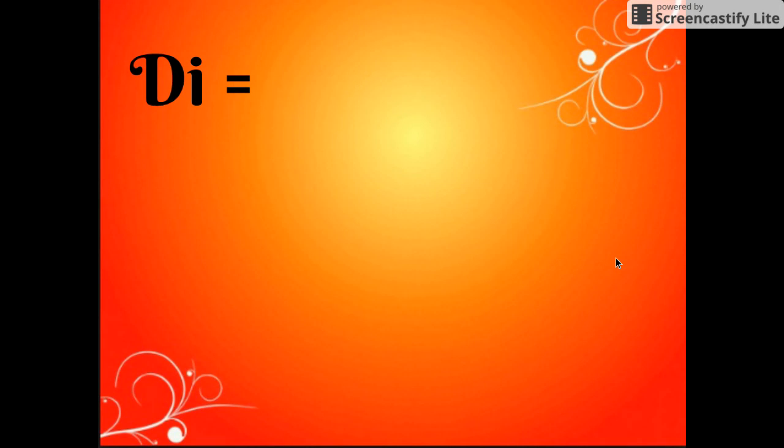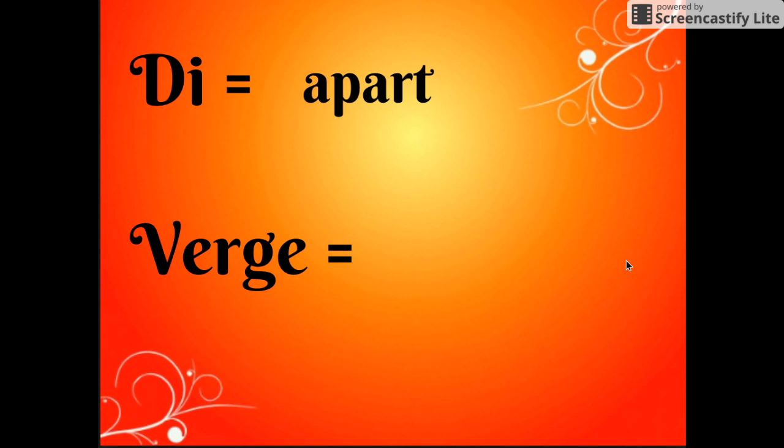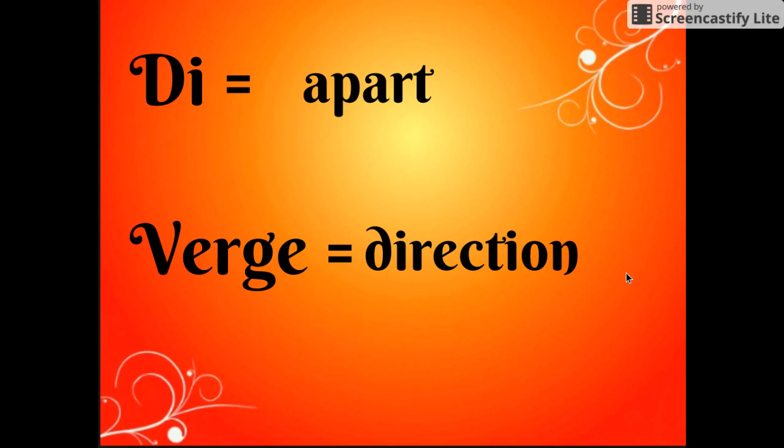Okay, so the next type of evolution is actually related to convergent evolution. So we're going to say, in this case, divergent evolution. We're going to look at di meaning apart and verge meaning direction again. So if you look at divide, it means you're breaking things apart, has the root di.